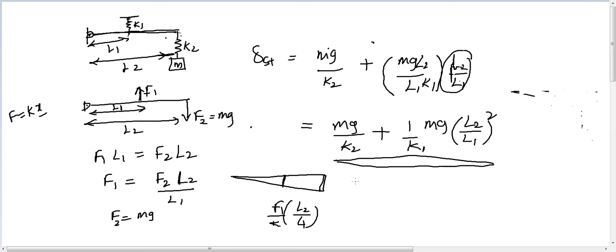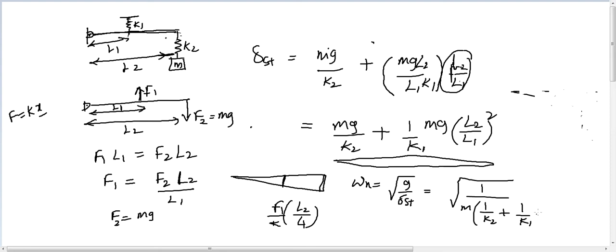So our natural frequency omega n is equal to the square root of g by delta static, which is equal to the square root of 1 by m into 1 by K2 plus 1 by K1 into L2 by L1 whole square.